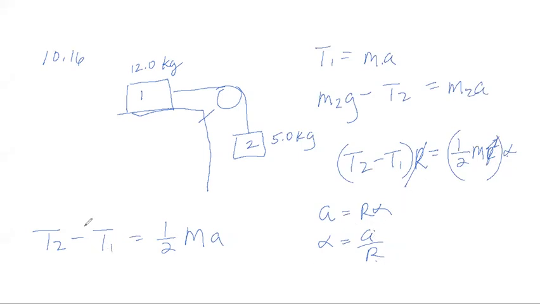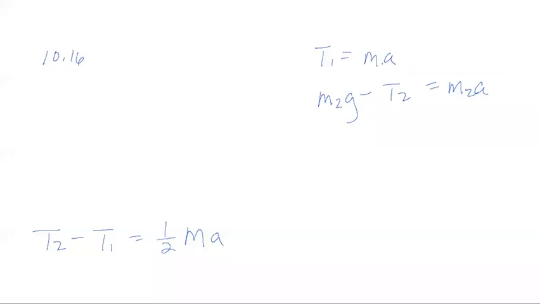So now I've got 3 expressions. Let me pause and clear up some board space. Okay, now I'm just going to add these three expressions, starting with this guy. And I'm going to get M2G plus T1 minus T2 equals M1A plus M2A.